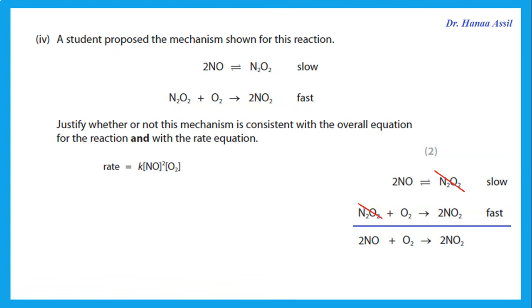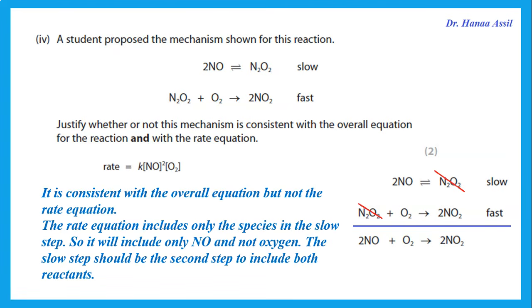But what about the rate equation? The rate equation includes only the species in the slow step. Now, in this mechanism, the slow step involves only the NO, so this cannot be the mechanism. In order to have this rate equation, I need to include the concentration of NO and the concentration of O2.